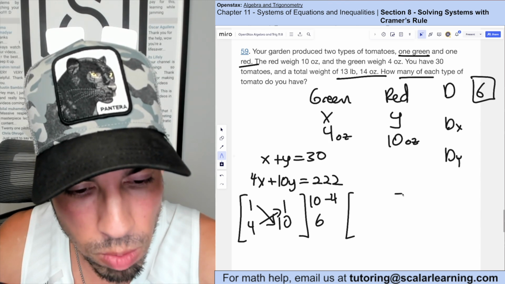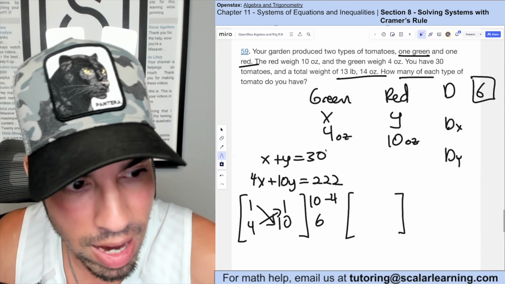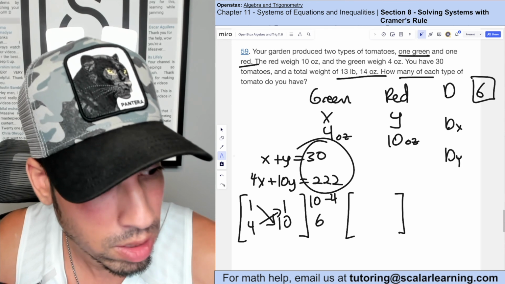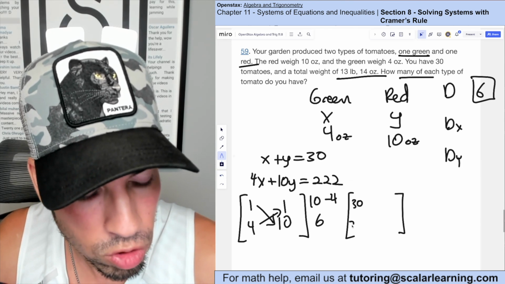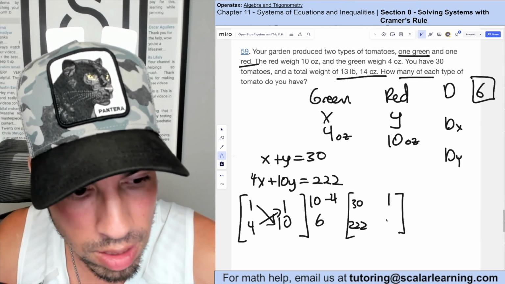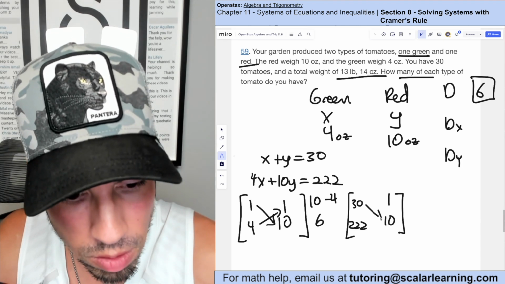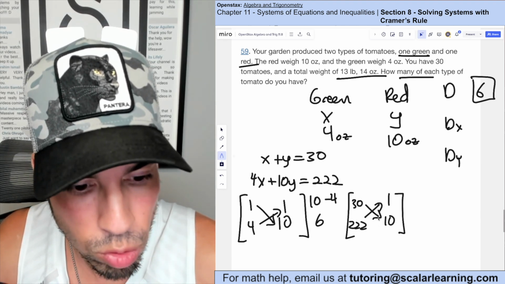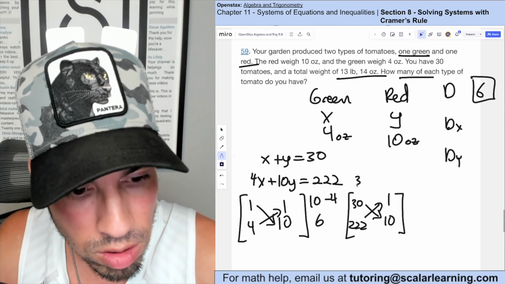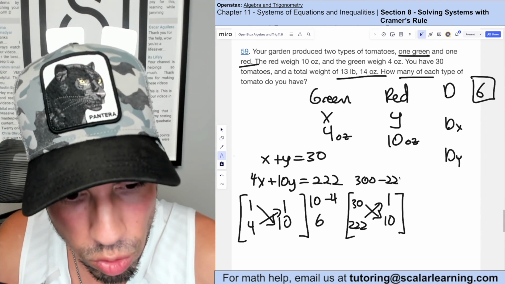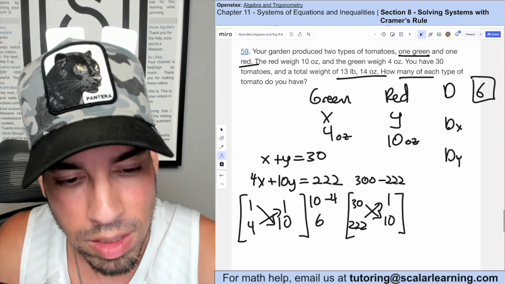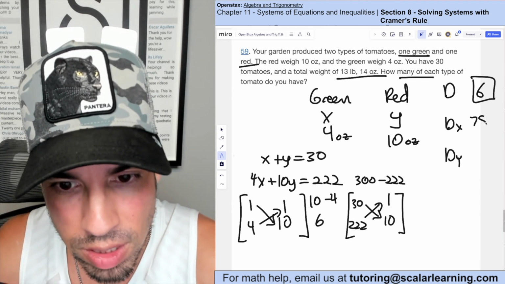So I'm going to use almost the same matrix, except I'm replacing the x values, the 1 and the 4, with these guys. So we got 30, 222, and then the y stay the same. What's the determinant here? 30 times 10 minus 222 times 1. That's 300 minus 222. So that determinant is, what is that, 78, I believe, for dx.